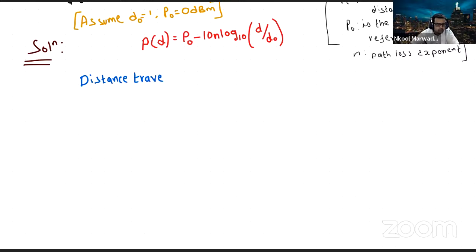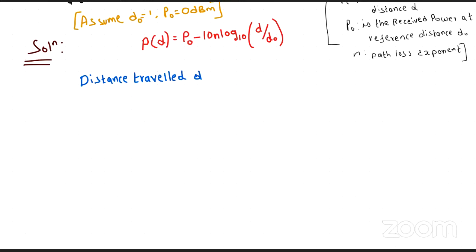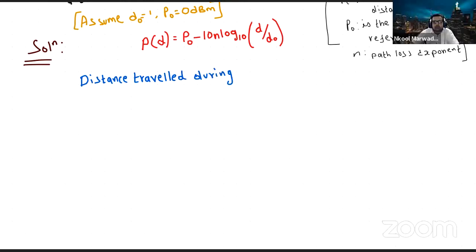Distance traveled during handoff. What is distance? Speed into time. And speed is 30 kilometers per hour. Can we convert it into meters per second?